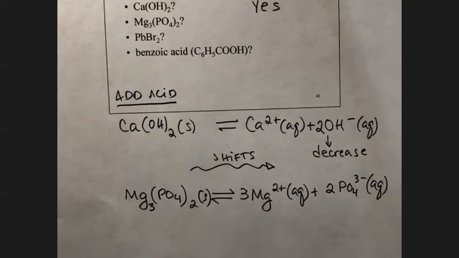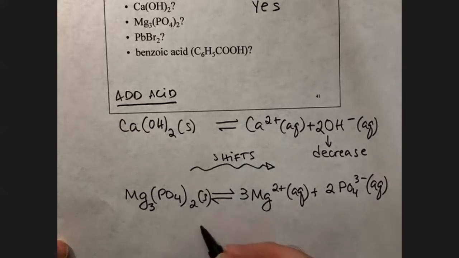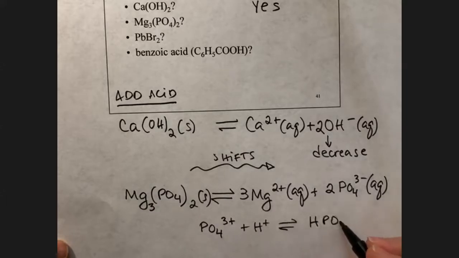But I had to think, do I have anybody here who is either like a base or something like that? Is phosphate ion the conjugate of something? Yes. Phosphate ion is the conjugate of hydrogen phosphate.